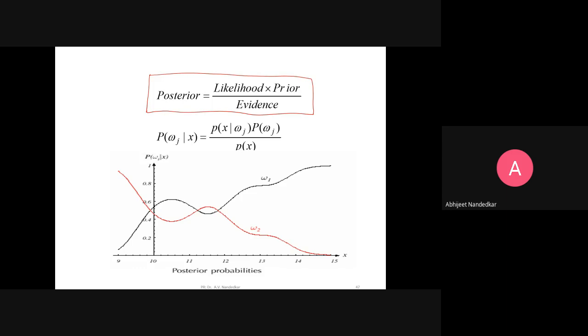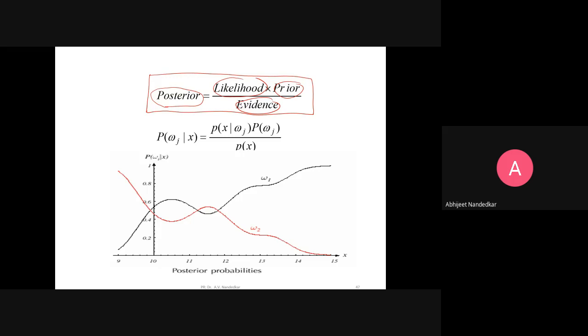Now the equation is posterior equal to likelihood into prior divided by evidence. So what do you mean by likelihood? What do you mean by prior? What is evidence? And what is posterior? So this we have to see in detail.